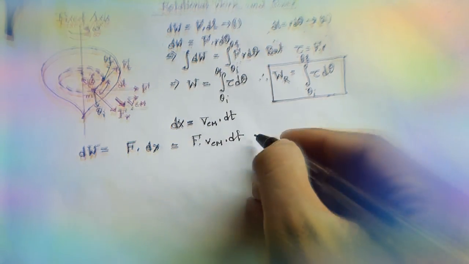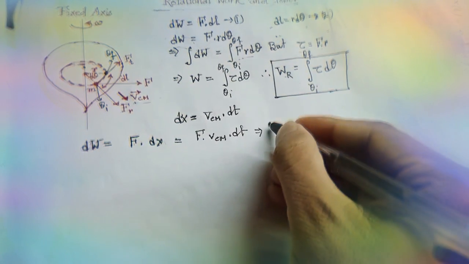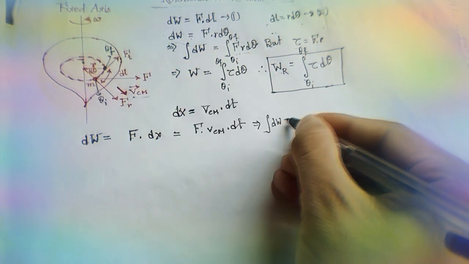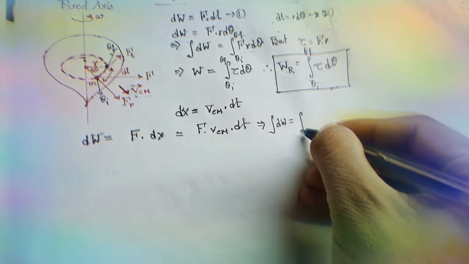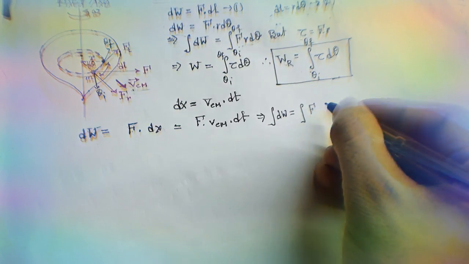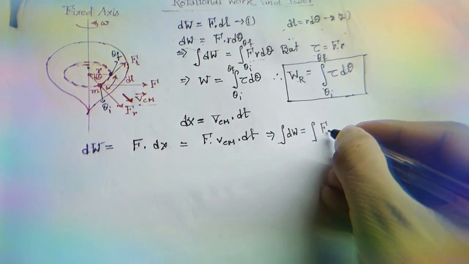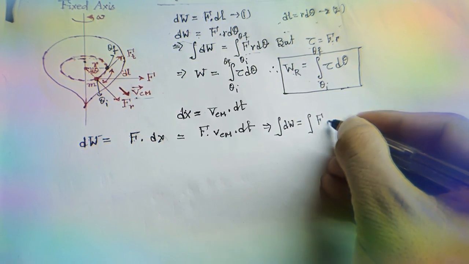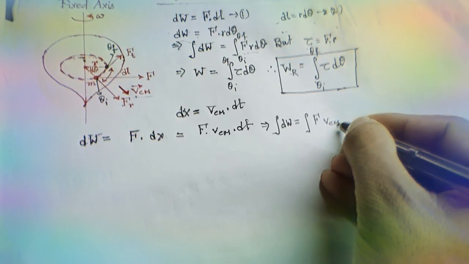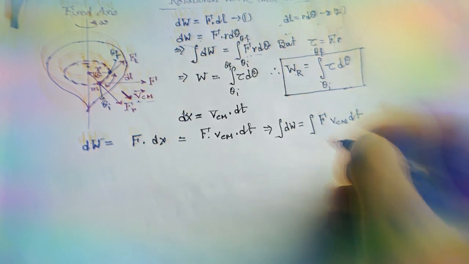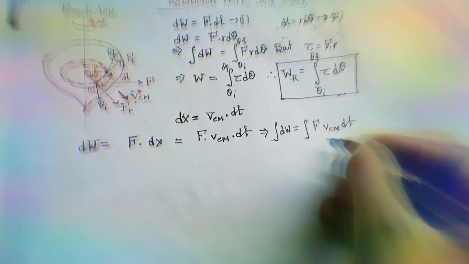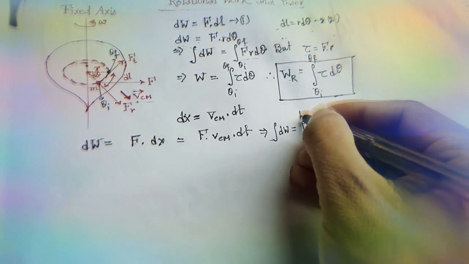So now if we want to find the total work done, then we have to integrate this dW. So after integrating, we will get integration of dW equal to integration of F vcm into dt from time t1 to t2.